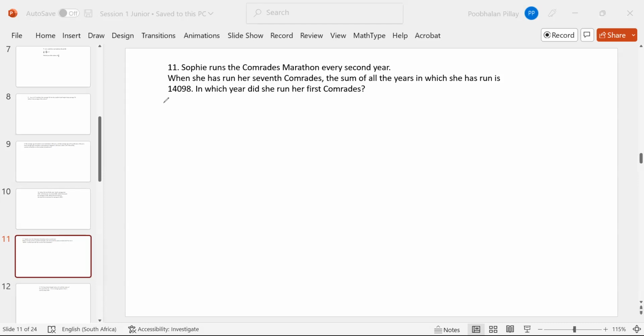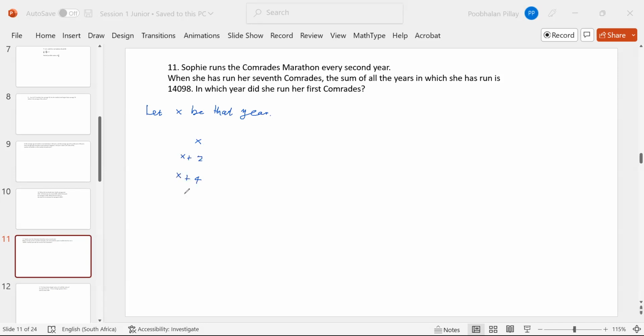So the question is now to find the year in which she ran the first Comrades. Okay, so we don't know what that is. So let x be the year in which she ran the first Comrades. Now, when you add all the years in which she has run, if you start from the year x, and then she runs it every 2 years, the next year will be x plus 2.